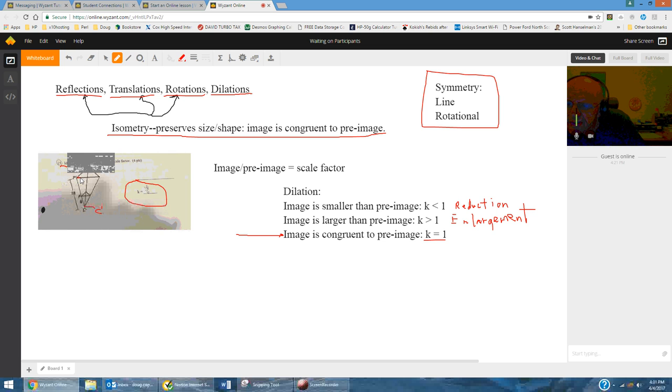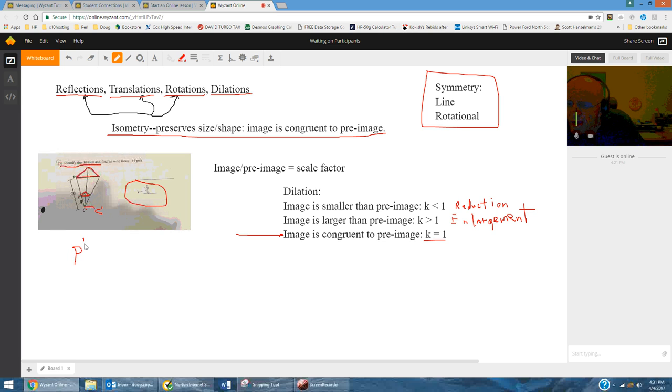Actually, I'm surprised that they don't have other letters on here to say that this little triangle is the pre-image, and it's mapping to the big triangle. But they don't have any letters here, so I'm making the assumption that they want you to say something like this.